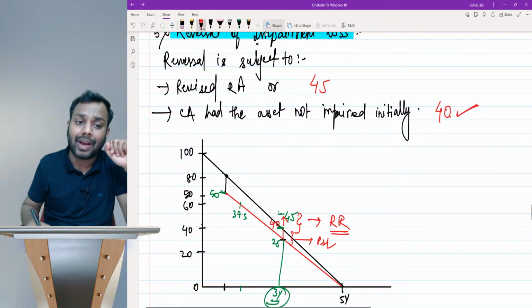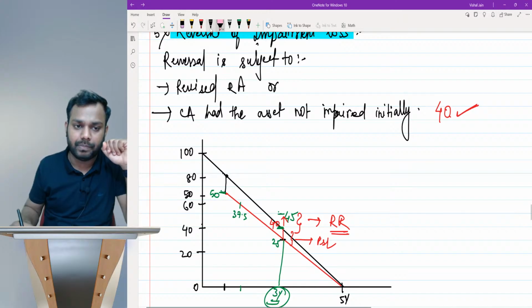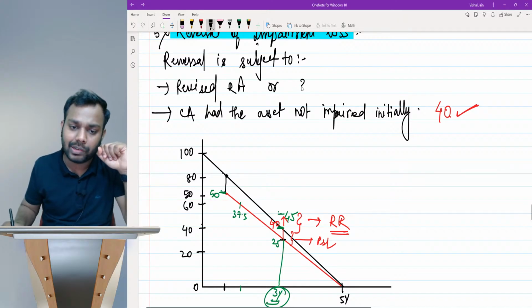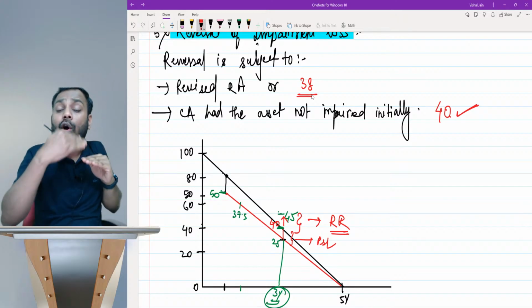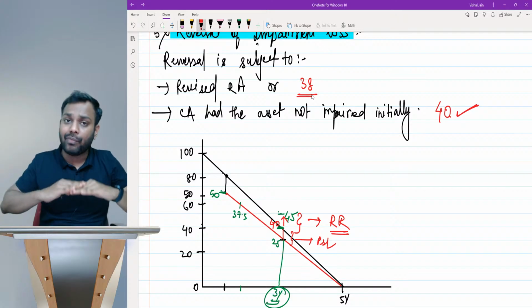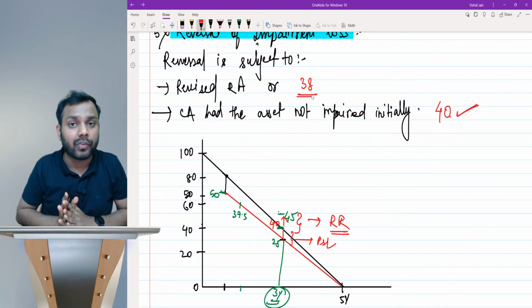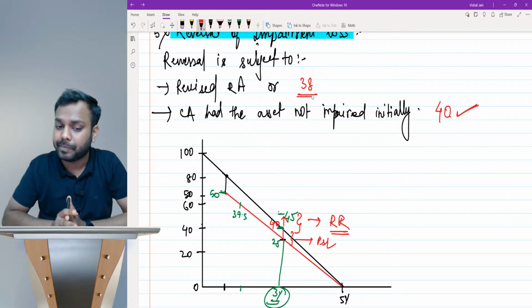Let's suppose your revised amount is 38 only. Then you can reverse it till 38 fully. But you cannot go beyond 40. If you have to go beyond 40, you have to go through other routes, not through reversal of impairment loss. Is that clear, guys?